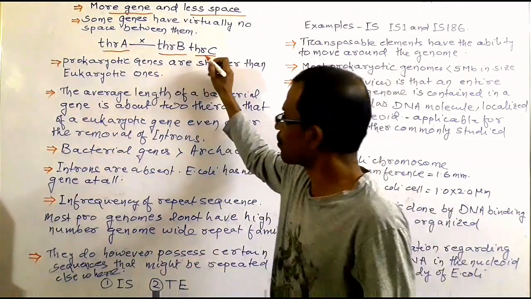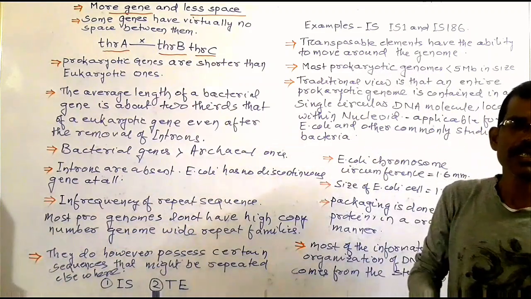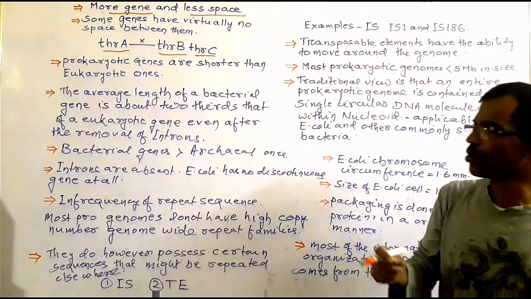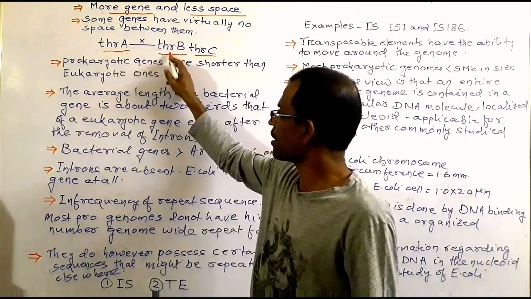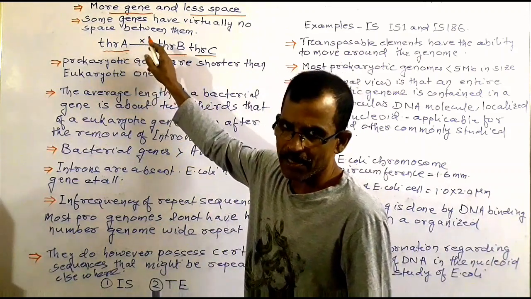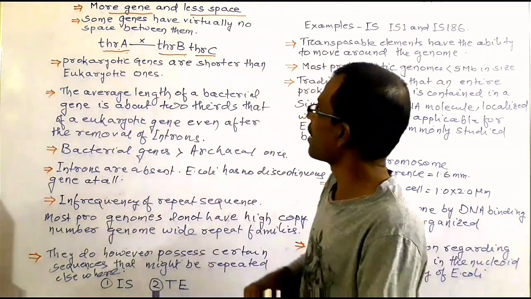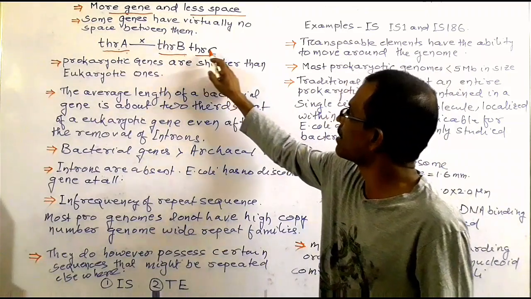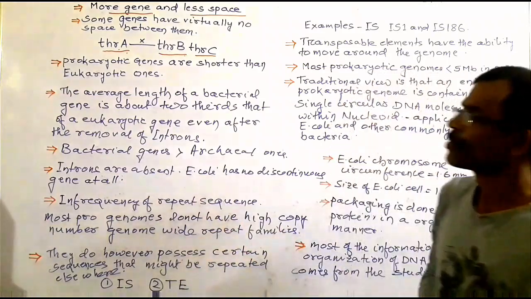These 3 genes together constitute the threonine operon that is concerned with the synthesis of the amino acid threonine. The gene thrA is separated from thrB by a single nucleotide. Whereas between thrB and thrC, there is no space at all.